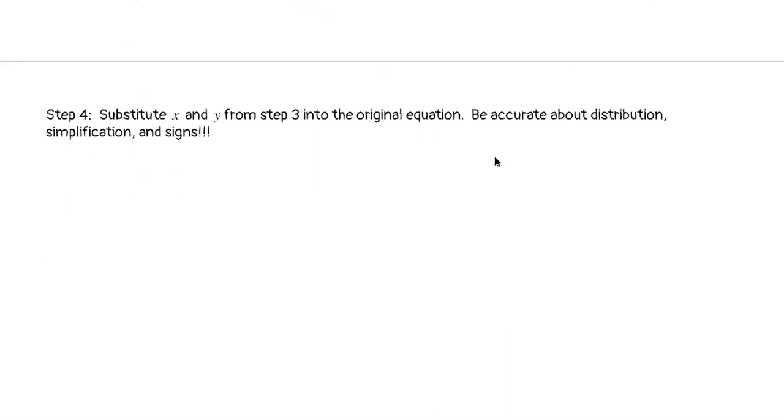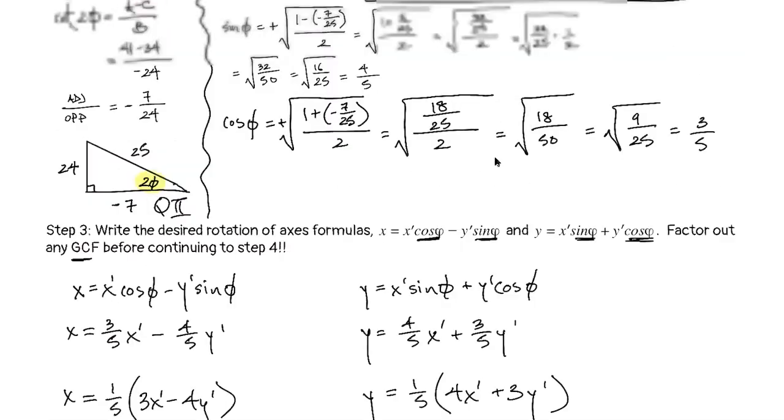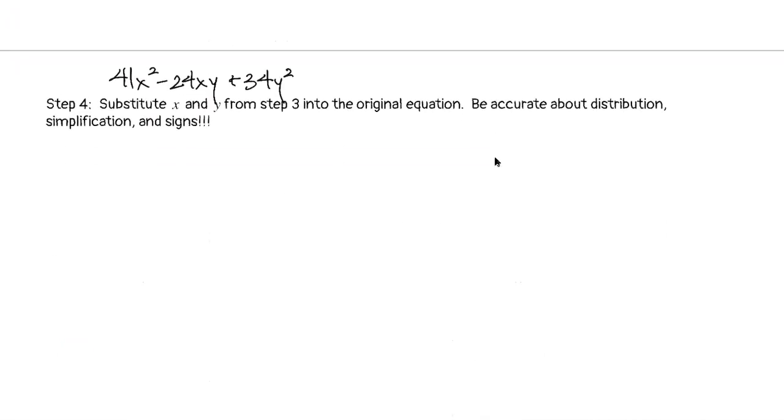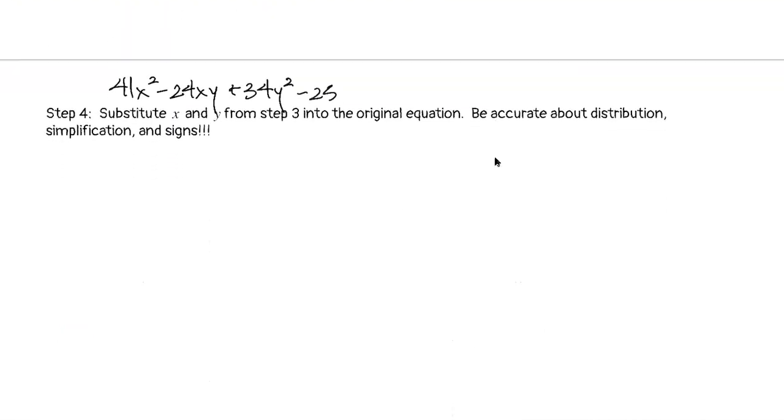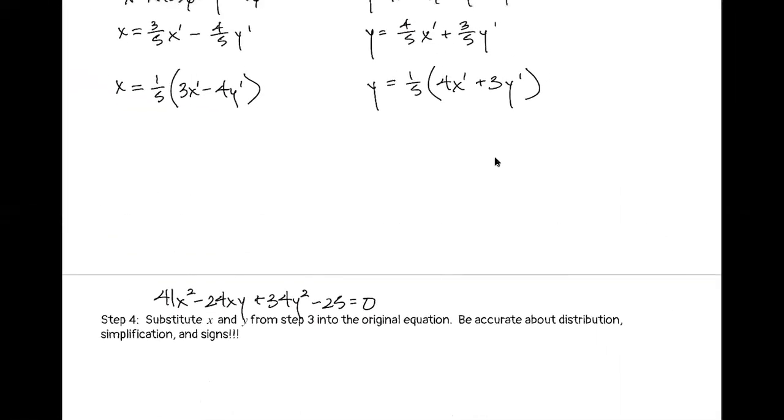Here's how I like to substitute. If I just plug in everywhere I see an x, I put this, and everywhere I see a y, I put this, sometimes the equation is so long that I can't fit it horizontally all the way on a sheet of paper.